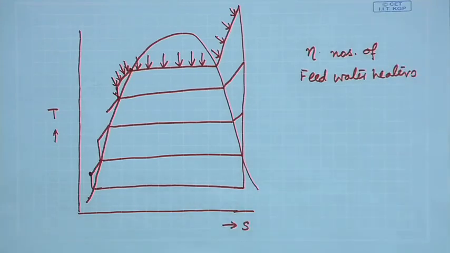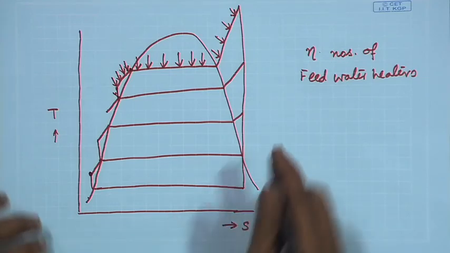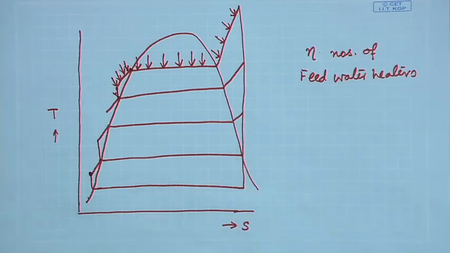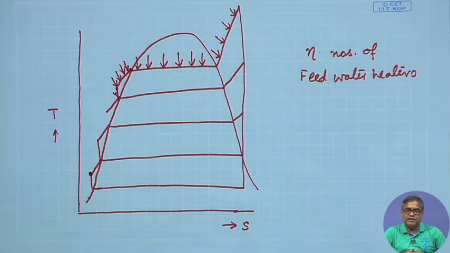So, what I have to do, let us say the condensate is coming at some temperature T and then I have to raise it to the temperature at which steam generation is there at the boiler pressure.